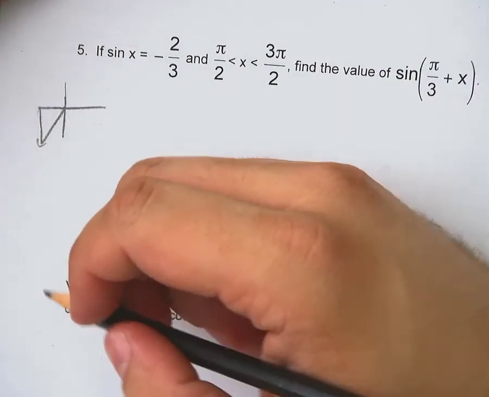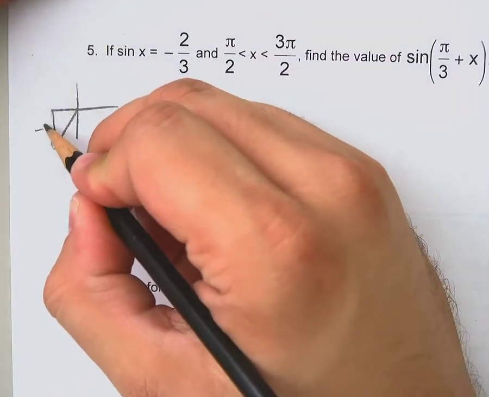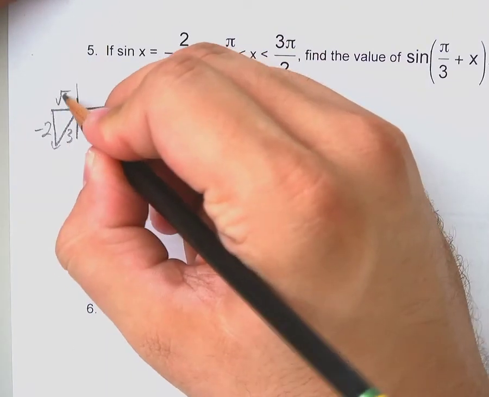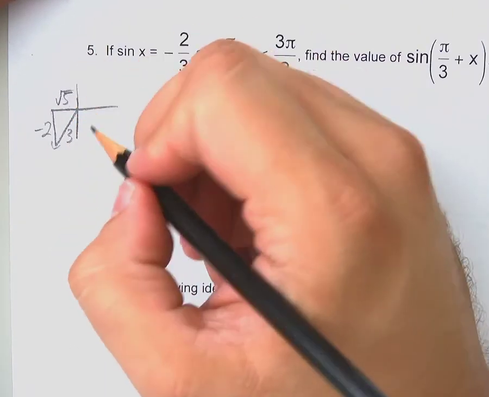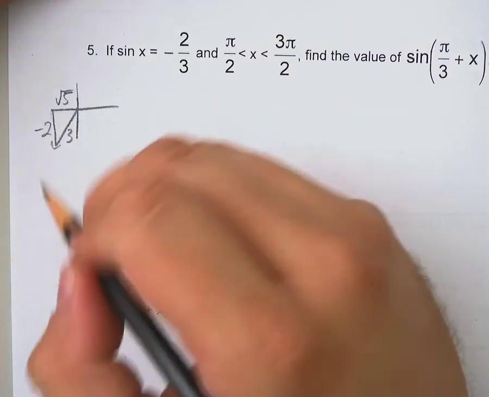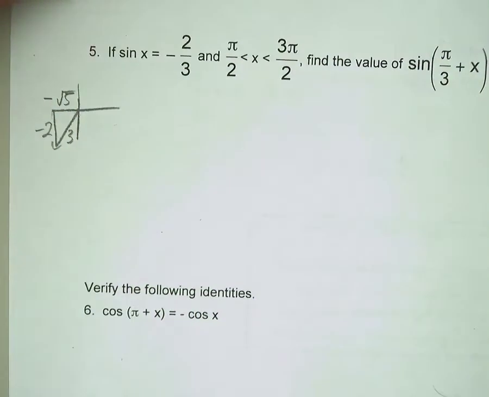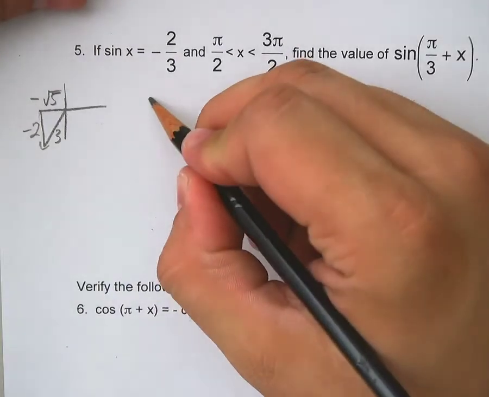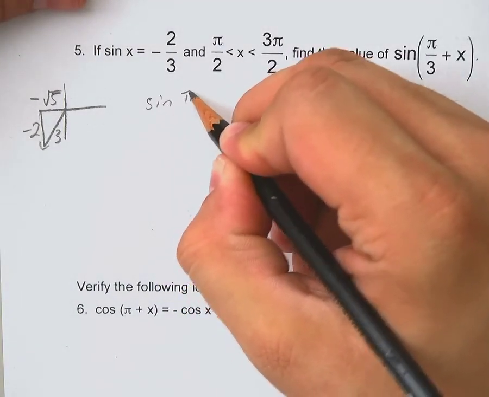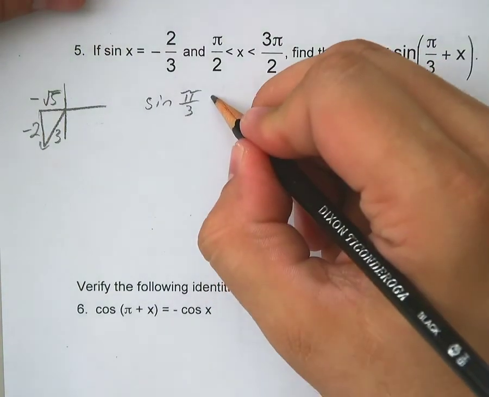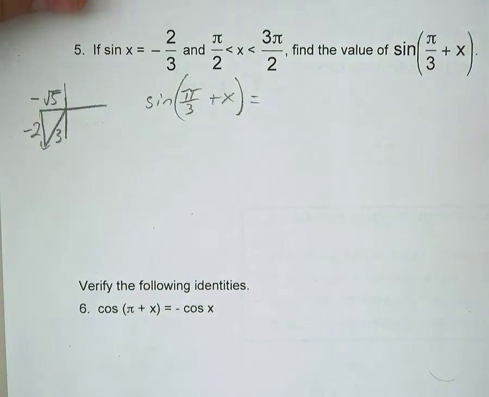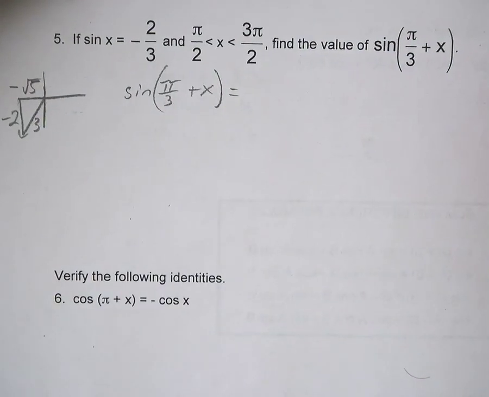And your sine value is a negative 2 over 3. Little Pythagoras will tell you this is the square root of 5. But again, since you are in the third quadrant, your x is negative. So let's figure this out here. Sine of pi over 3 plus x. All right, let's expand it first.